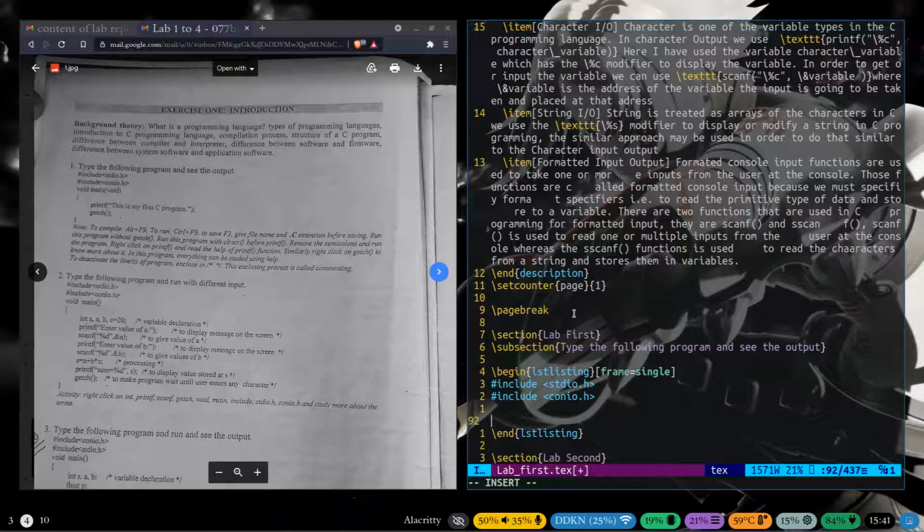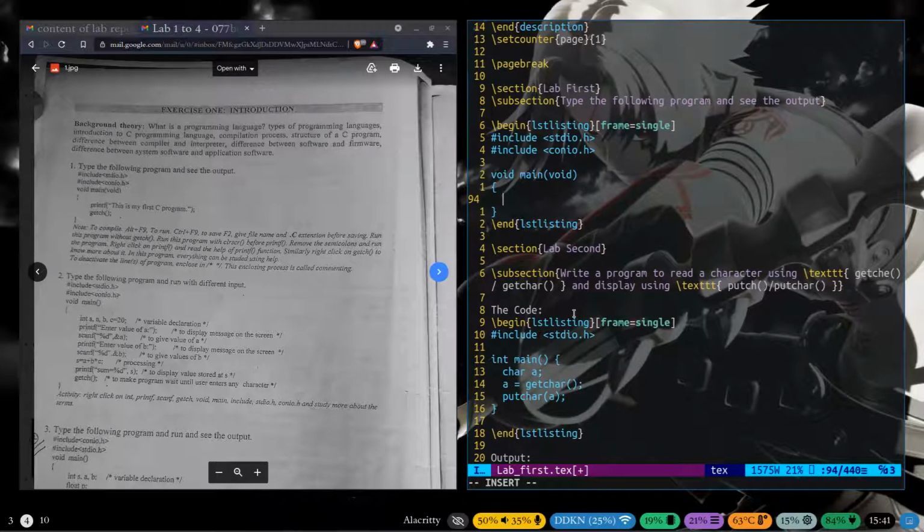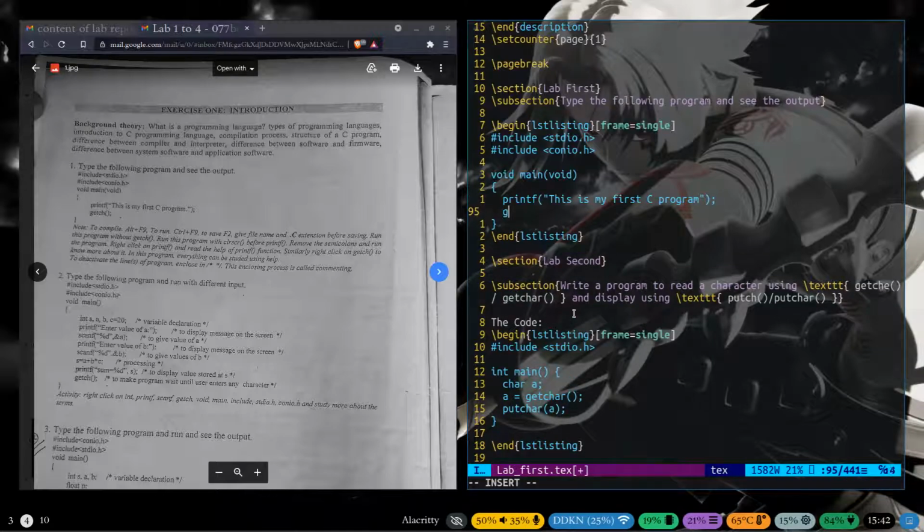This conio is not really needed now. Void main, void. printf, this is my first C program, and getch. Alright, so this is what we want.